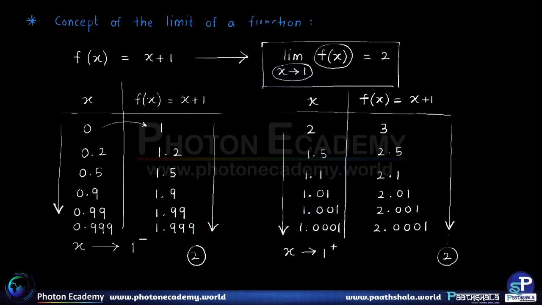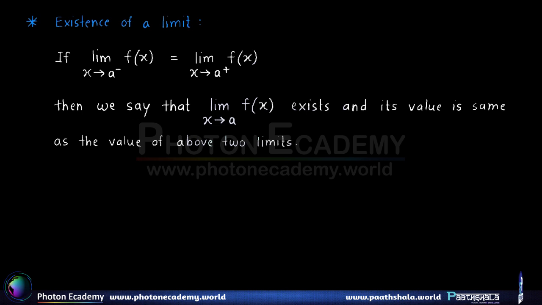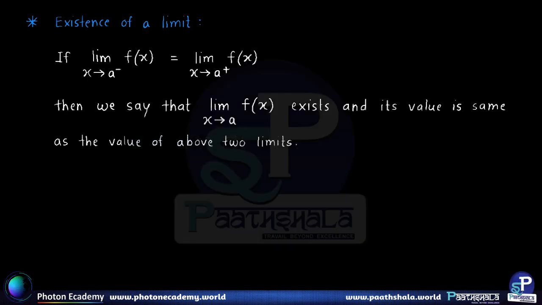Now let us go ahead. So formally, existence of a limit means, that is, when do we say that a limit exists? That is when the limit of a function as x tends to a from the left side, that is when x is less than a, is equal to the limit of the same function as x tends to a but from the right hand side.